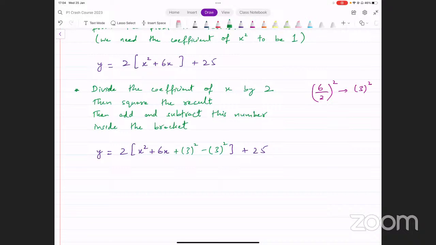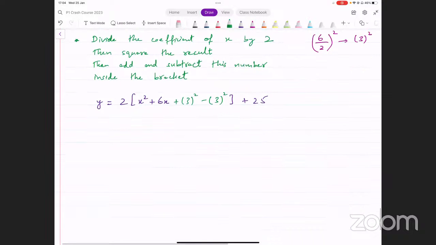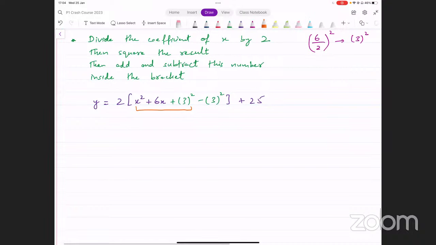Okay. Now, once you're done with this, these first three terms are going to give you a perfect square. This is that form, a square plus 2ab plus b square.